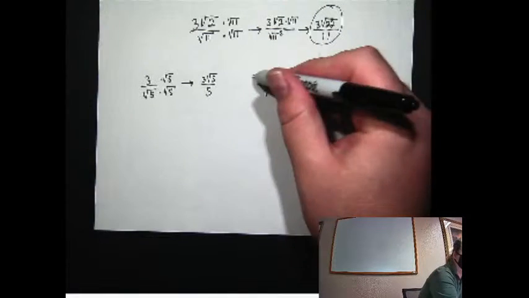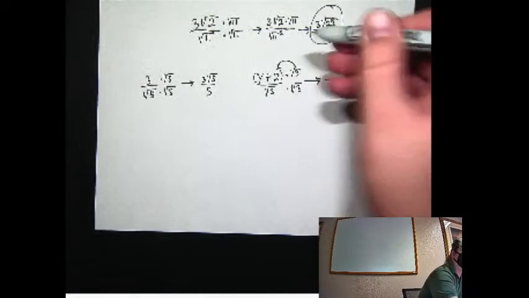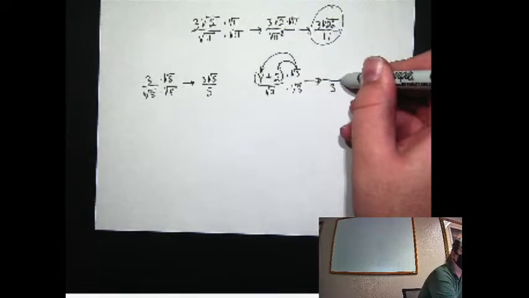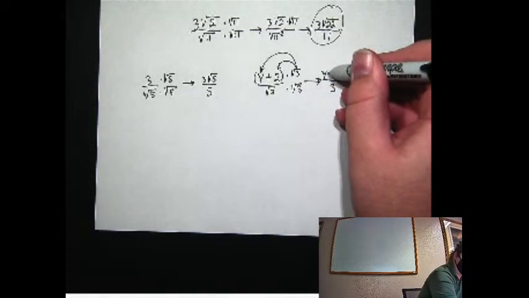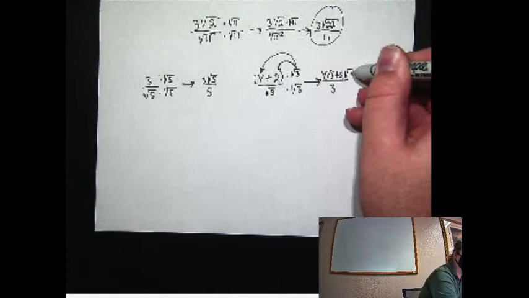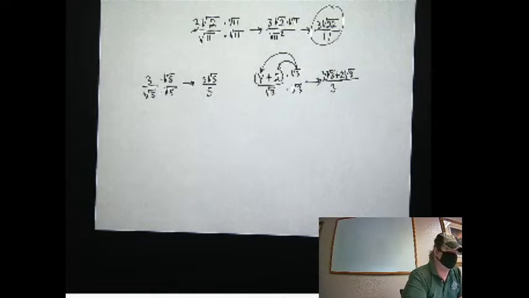So if we multiply the entire top, in other words, we're distributing, what do we have over here? Y square root of 3 plus 2 square root of 3 over 3. Excellent. Any questions?